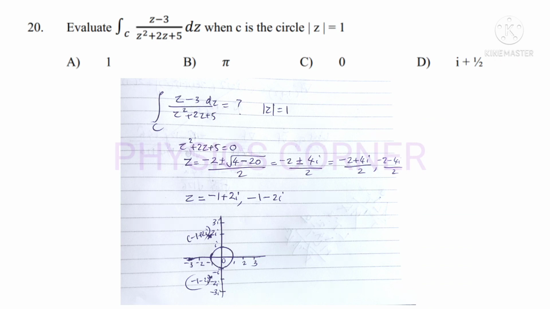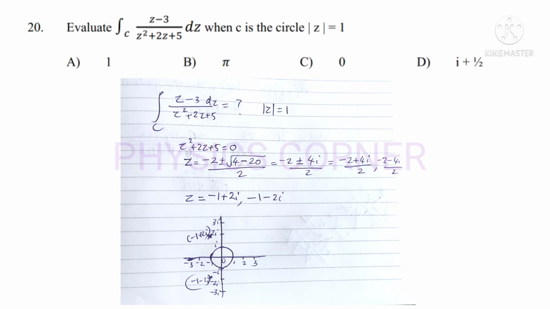See, the x-axis stands for the real part and the y-axis stands for the imaginary part, and you can see that both of these poles or singularities are outside the region over which we have to evaluate the integral, right?